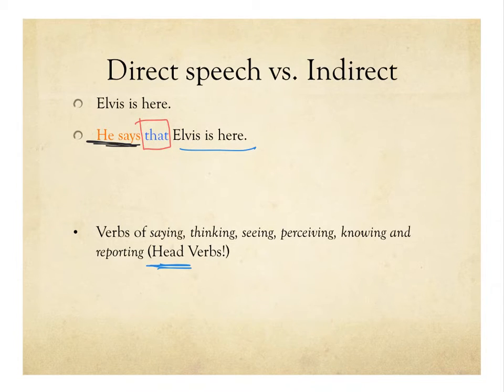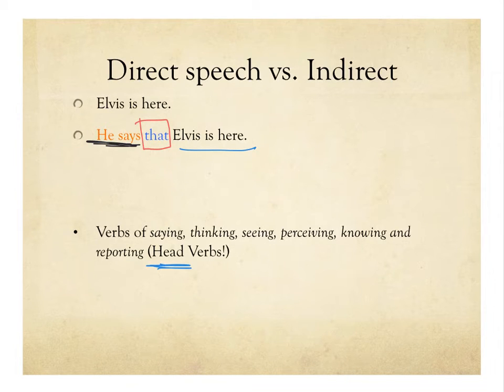But verbs of thinking as well, which is something that you can do with your head: think, cogitate, muse, ponder. Verbs of seeing and perceiving, right? See, understand, hear, right? Anything like that. And verbs of knowing and reporting. So I know, I understand.